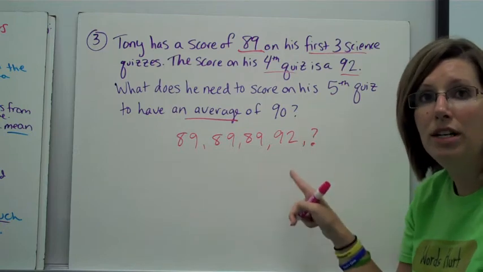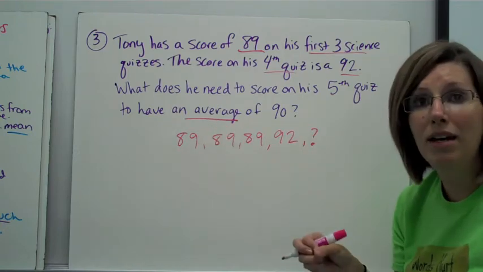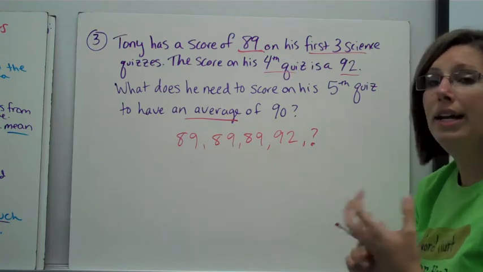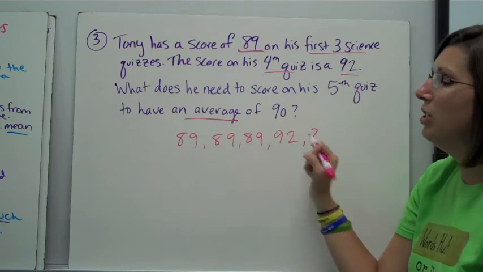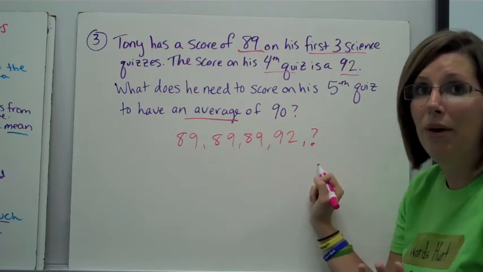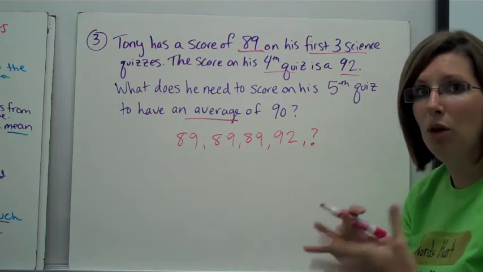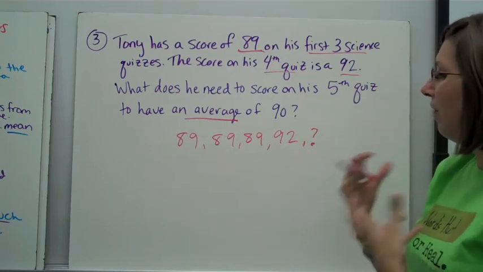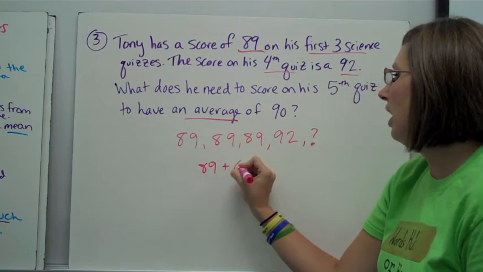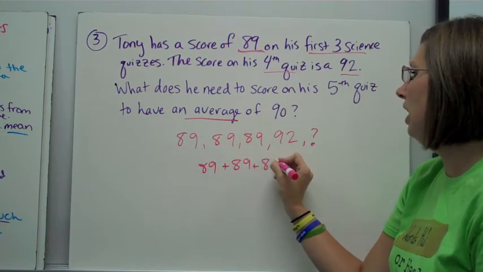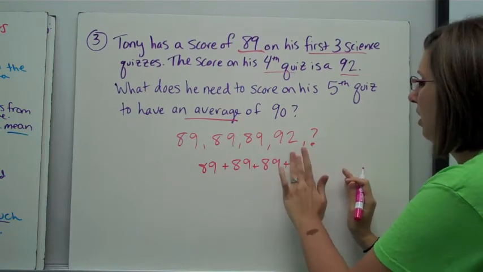This type of question is a question finding the average or the mean, but we're kind of doing things in reverse here. Because I already know the average, I want to figure out the missing value. So I'm going to use what I know about mean, and I'm going to work backwards. To find the mean, I would add up all of these numbers. 89, 89, 89, and 92.